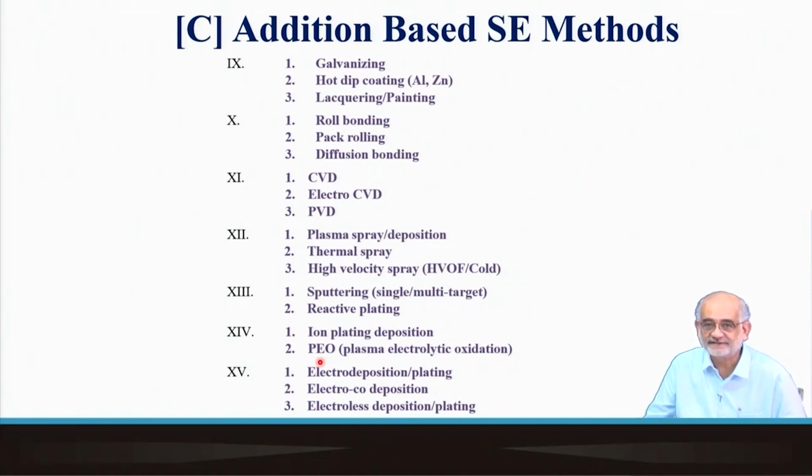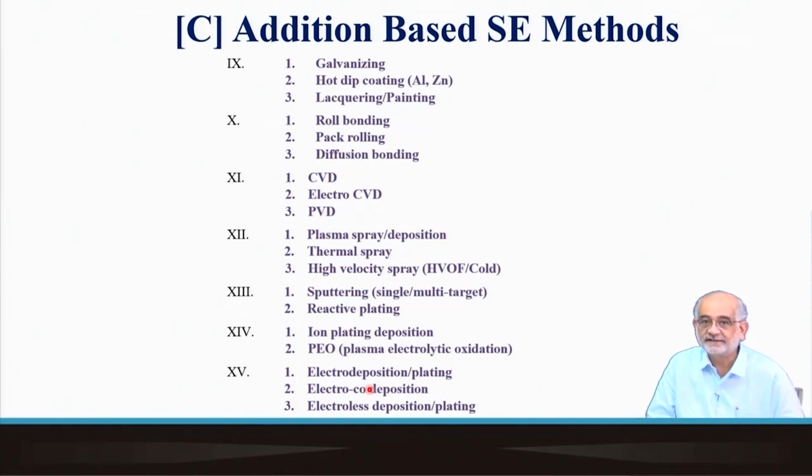So actually you are protecting the component by creating a thin oxidized layer by way of plasma electrolytic oxidation. Then there are fairly well-known practices of electrodeposition or plating, electro co-deposition, where you can have multiple ions deposited on the same surface.